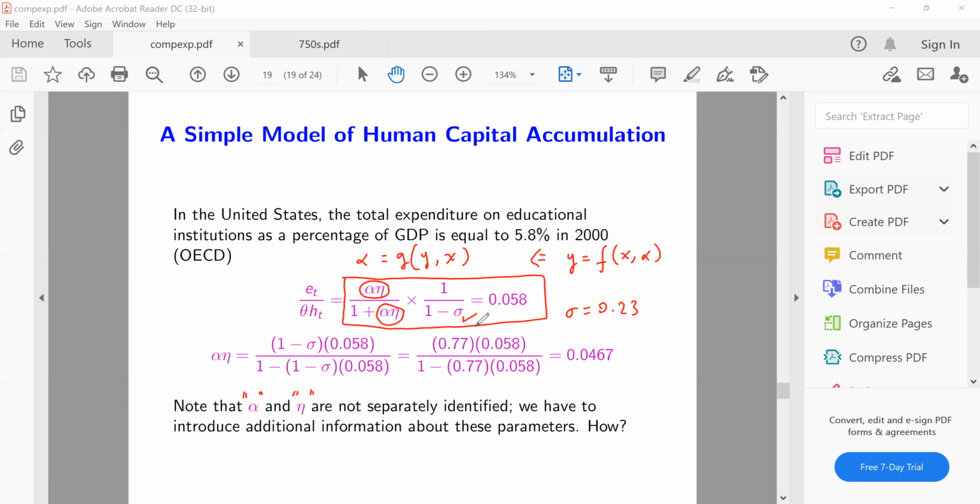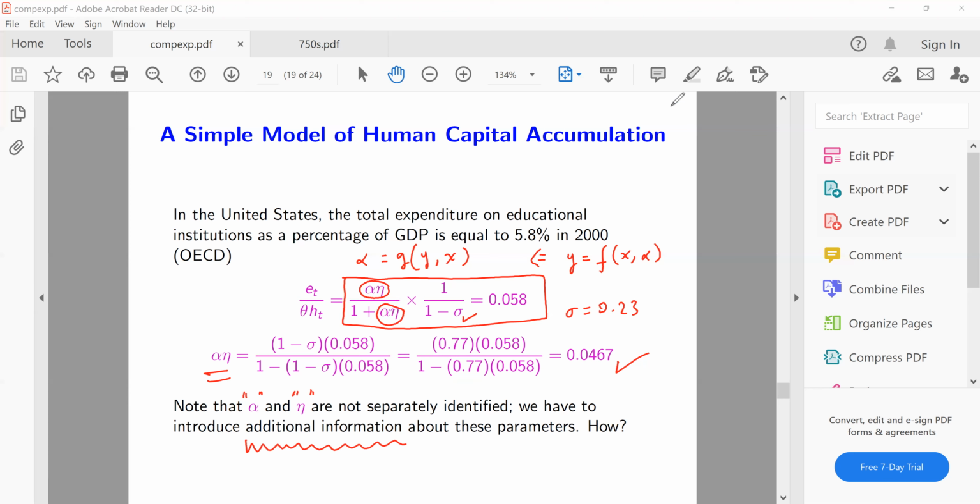So even if I know sigma, and even if I have the data on the GDP share of education spending, I cannot separately calibrate alpha and eta, right? However, I can calibrate alpha eta. So alpha times eta must be around 4.6%. Okay, but I cannot know what alpha is equal to, what eta is equal to. Okay, we have to introduce additional information.